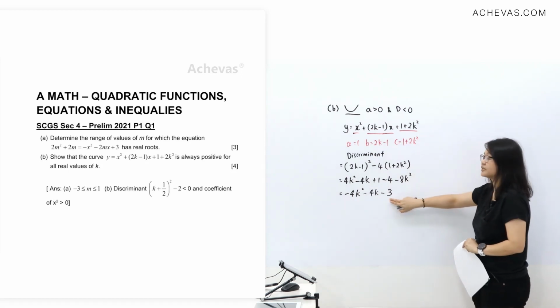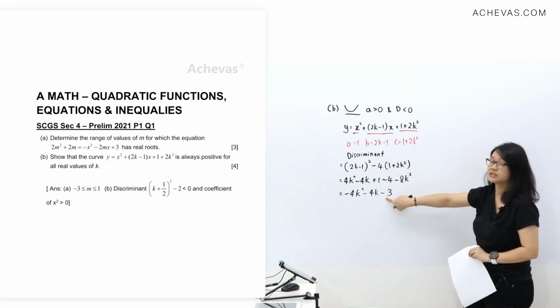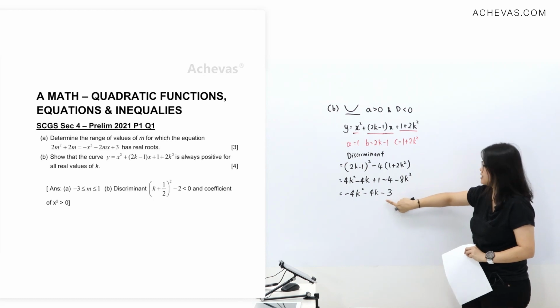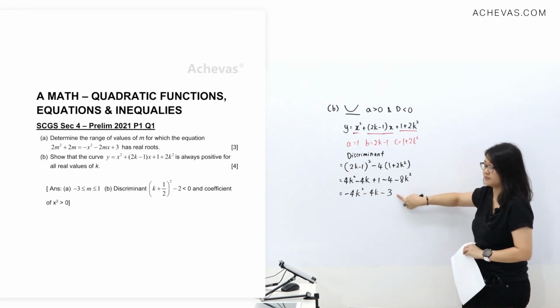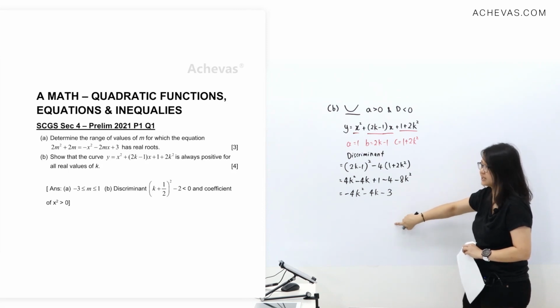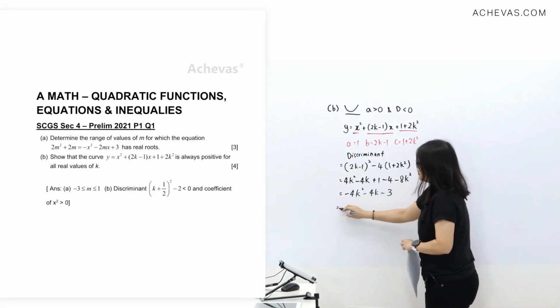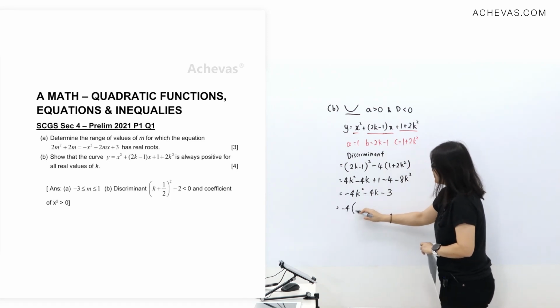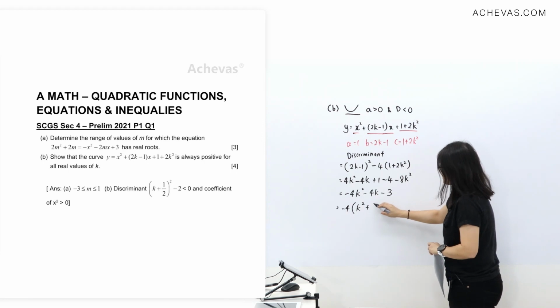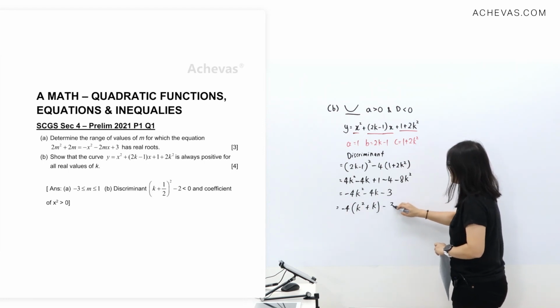Okay, you get the discriminant out, but we need to prove it is less than 0. This is algebra, right? So what you can do is make use of what you have learned, which is complete the square, and see what pattern you will form by expressing it again. So I'm going to take -4 out of the first 2 terms that contain k squared and k, and put it this way first.